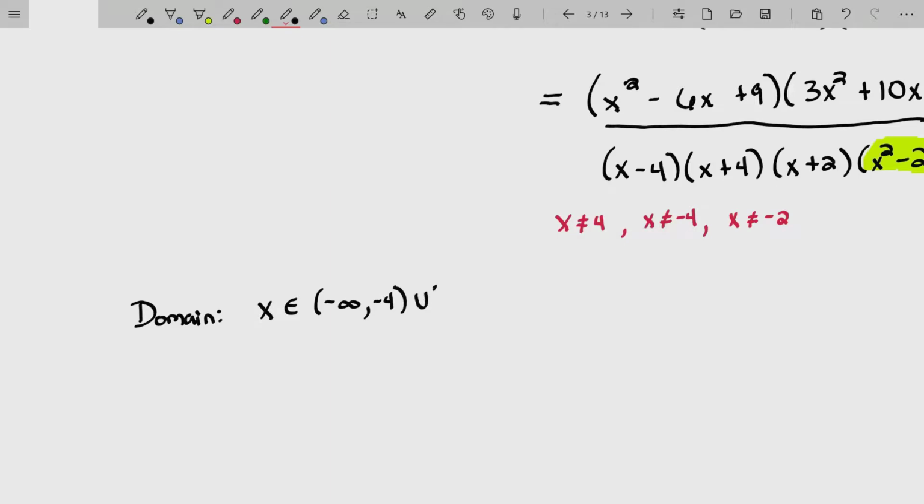I'm going to skip over -4, and I'm going to let it climb a little bit until it gets to the second highest number. And then I skip over that second highest number, and I'm going to let it climb even further until it gets to the third highest number. And I'll skip over that third highest number and let it continue on to infinity. And that's how you would state the domain of this function in interval notation.